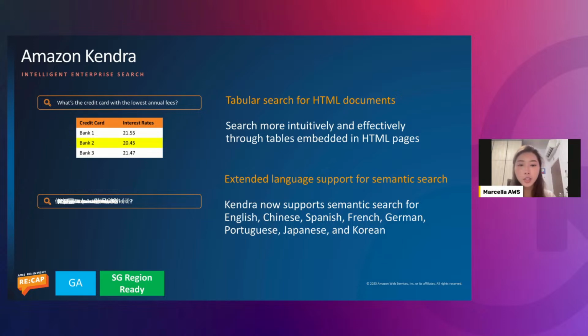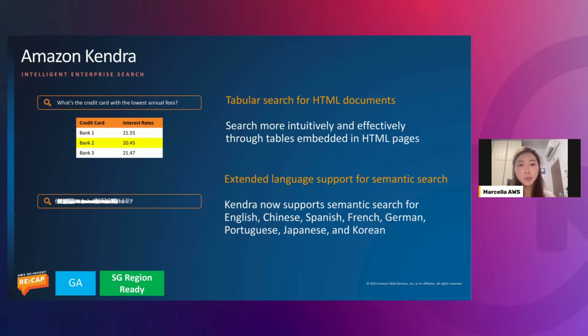Another new feature launched last year is semantic search, which now supports 8 different languages, including English, Chinese, Spanish, French, German, Portuguese, Japanese, and Korean. And for this, no setup or configuration is needed as well.